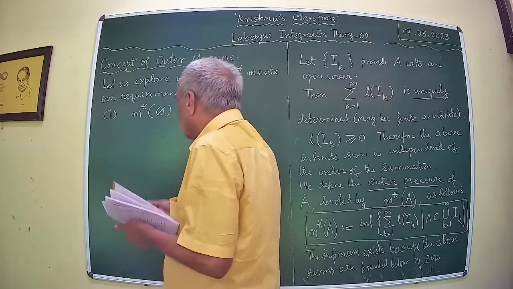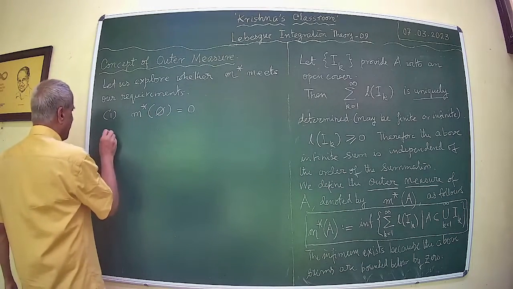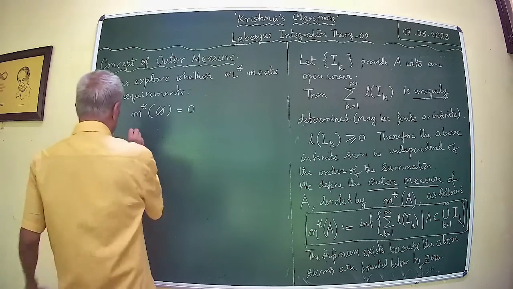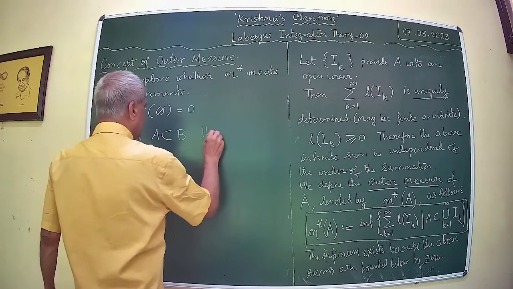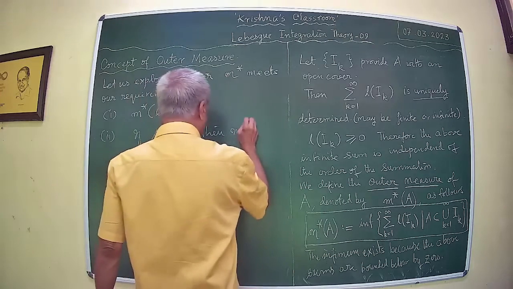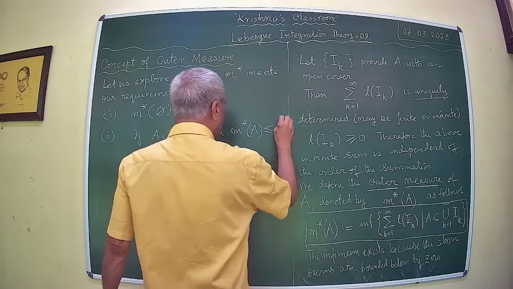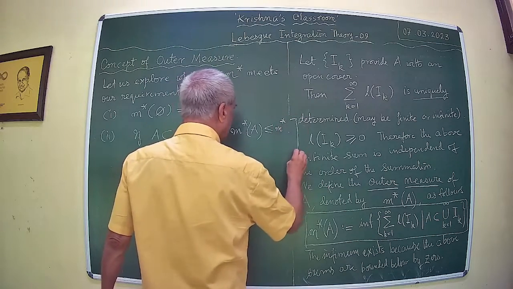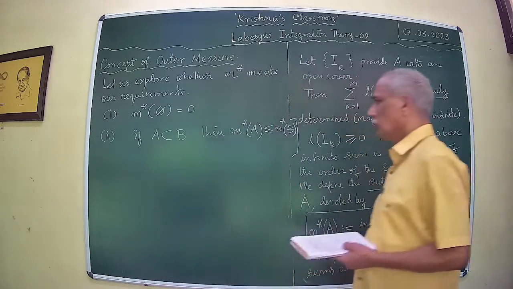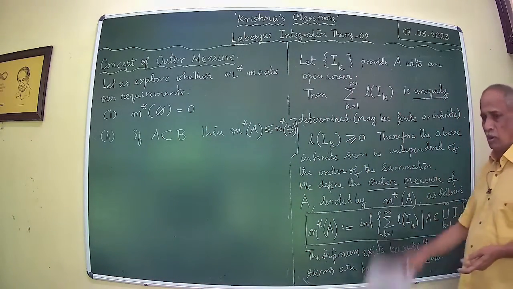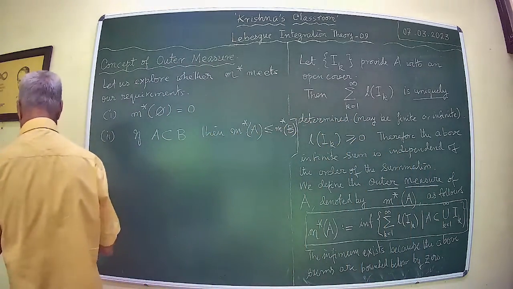The second property is that if A is contained in B, then m star of A is less than or equal to m star of B. That is a monotone property for m star.